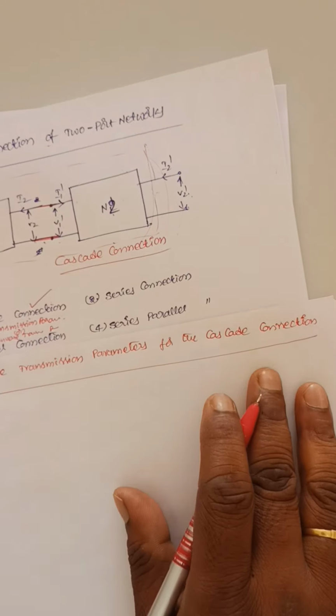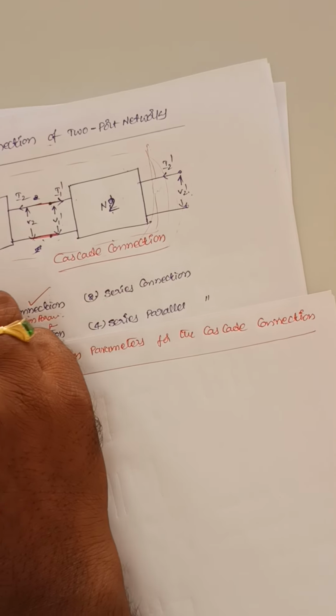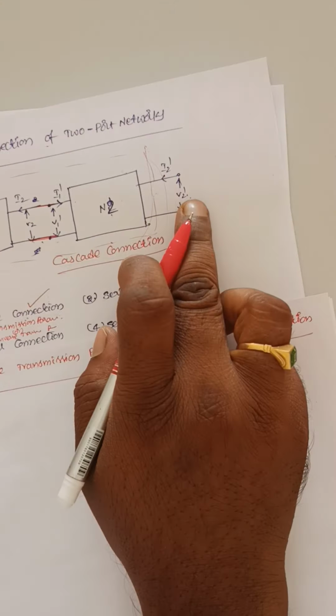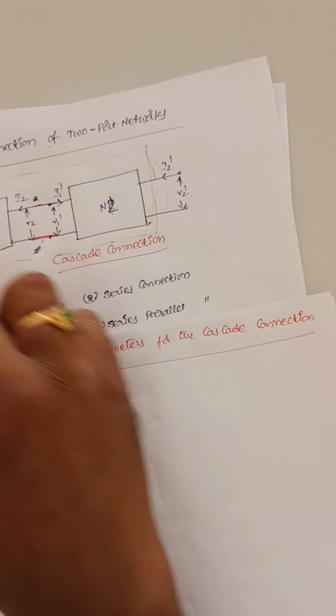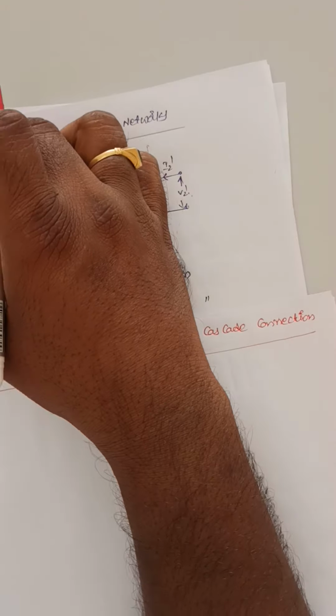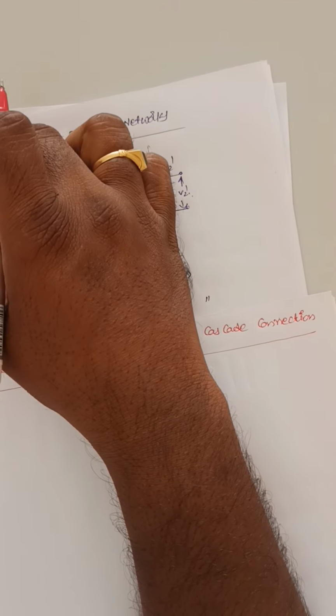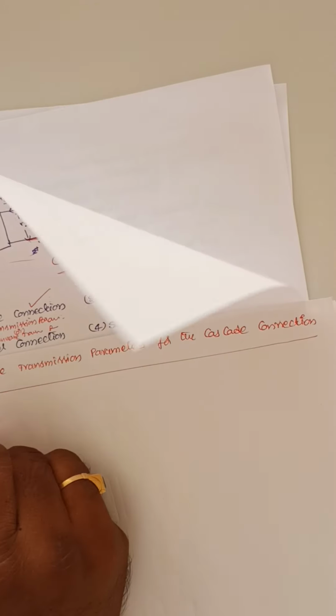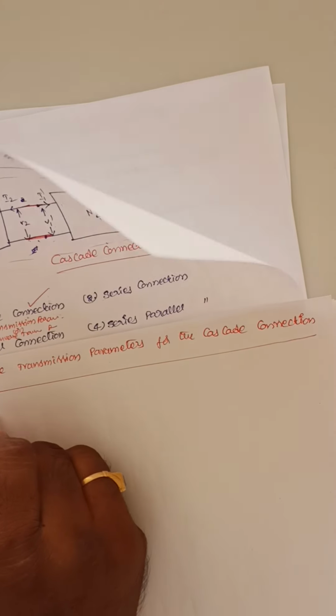You see, the input here is V1, I1, and the output here is V2 dash, I2 dash for this combination. If you take only network N1, how will the inverse transmission parameters look for network N1?